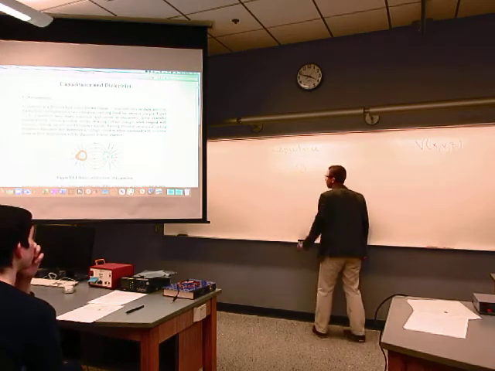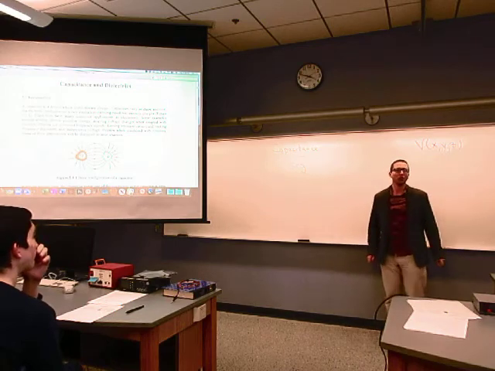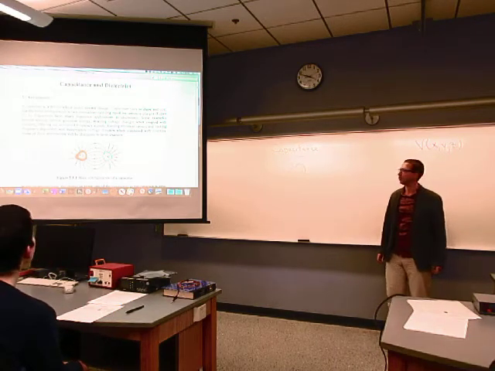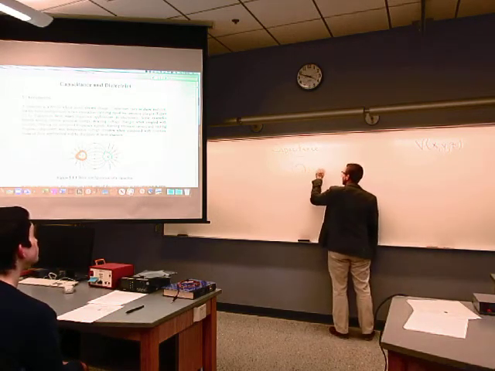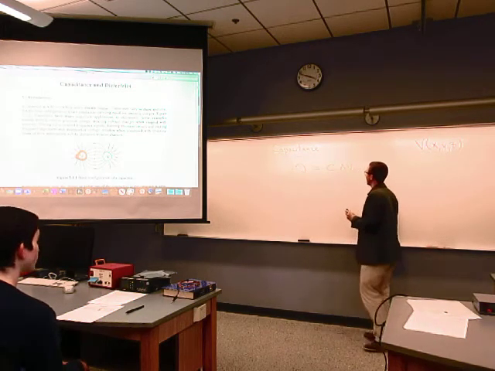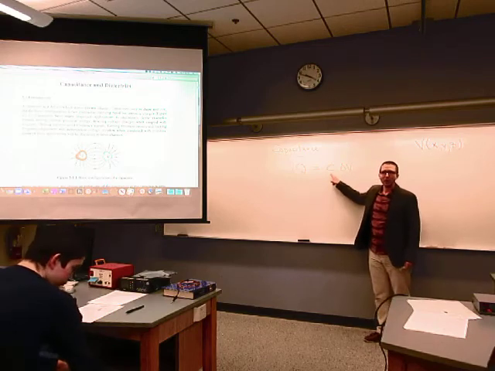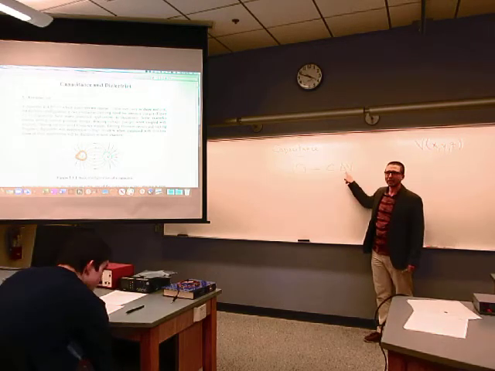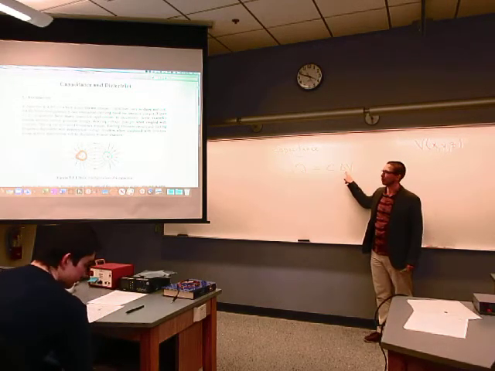So Q, the amount of charge on one of the conductors, is equal to C delta V. C we call the capacitance, and delta V is the electric potential difference between those two plates.